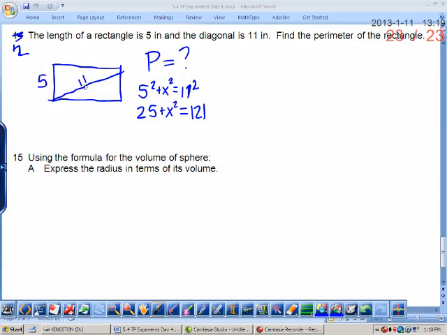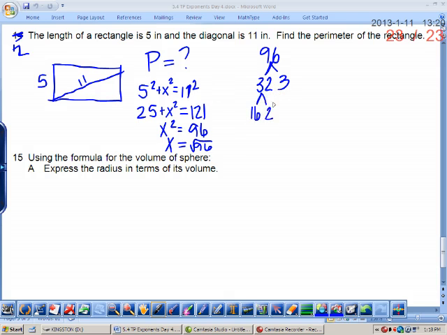What is 121 minus 25? So x squared equals 96, so x equals the square root of 96. It's not going to be plus or minus because this is a figure. 96, what does that break down into? 32 and 3, and then 32 breaks down into 16 and 2.